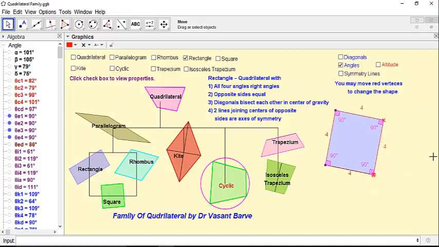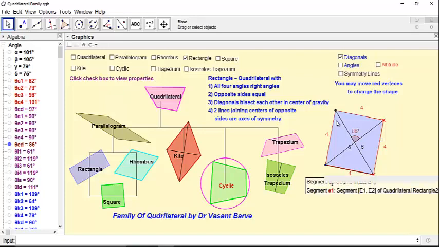Right. Now let's see how the diagonals are behaving. So if I show these diagonals to you, you'll see that diagonals are cutting each other, bisecting each other exactly at the center of gravity, but you will see that they are not necessarily cutting each other at 90 degrees. Okay. Though they bisect each other, they don't cut each other at 90 degrees.